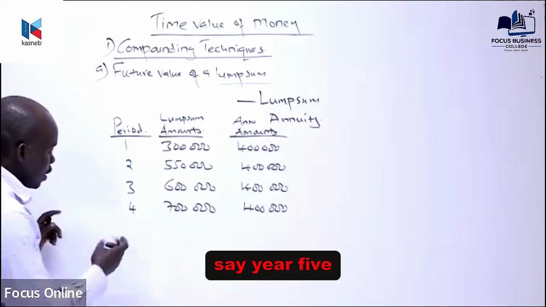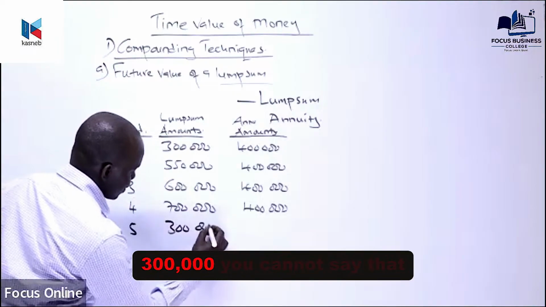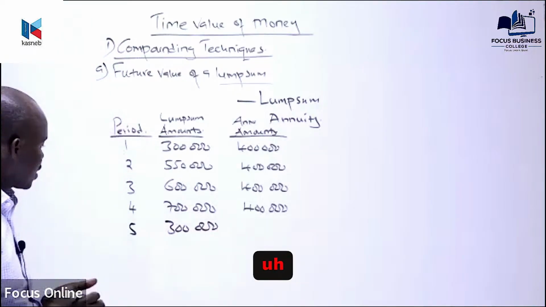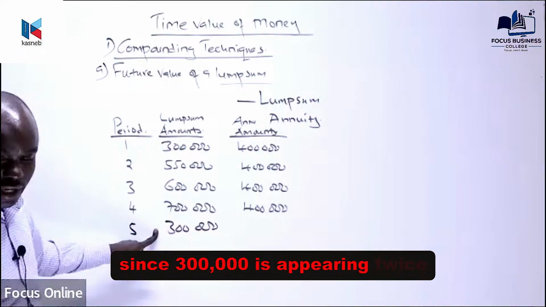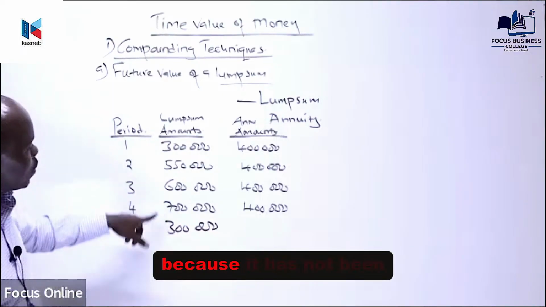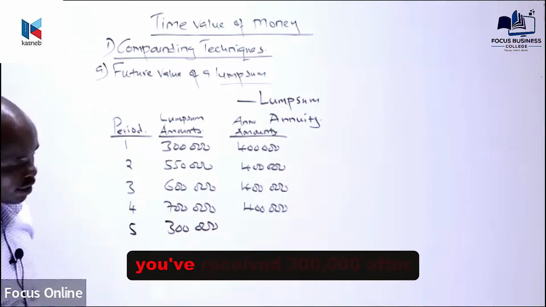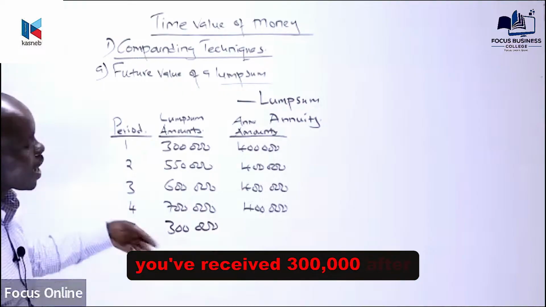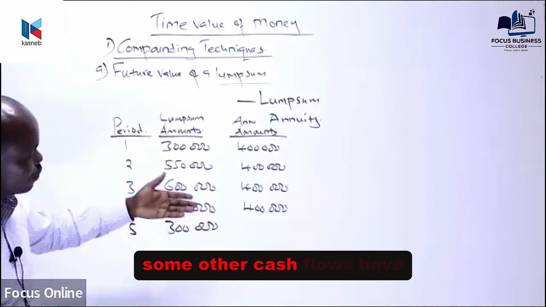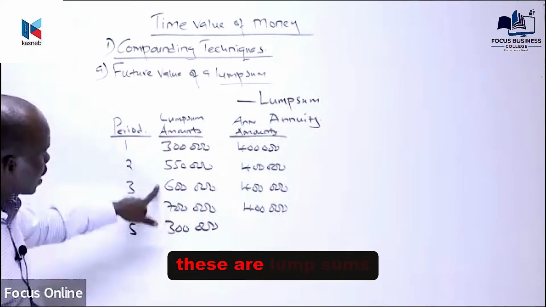Maybe in year 5, 300,000. You cannot say that since 300,000 is appearing twice, it is an annuity. No, it is not an annuity because it has not been received regularly. Are we together?